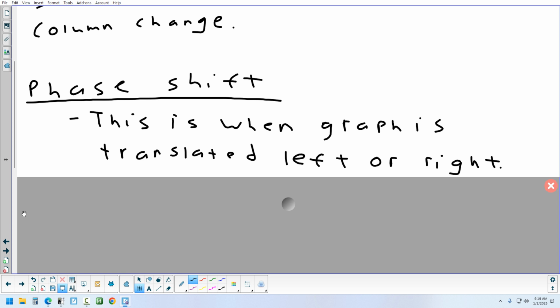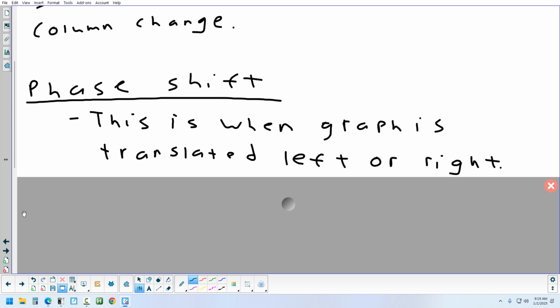So first of all, when you do a horizontal shift, does it involve adding or subtracting a number, or does it involve multiplying? Not for a horizontal shift. For shifting, that's always adding or subtracting.